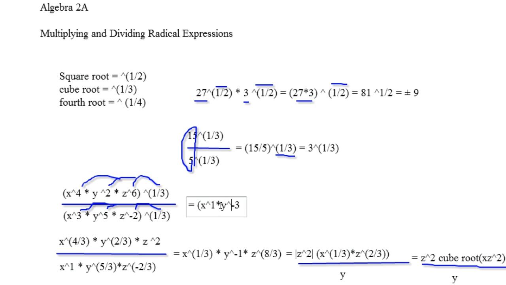We would have a times sign in between, and then a times sign of z to the 8th, and raised all to the 1/3 power. Okay, and then you would distribute the 1/3, and then you would end up getting all of this.